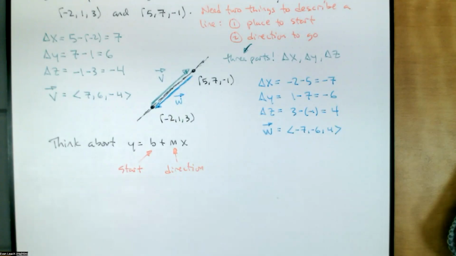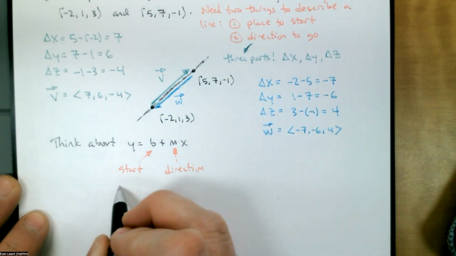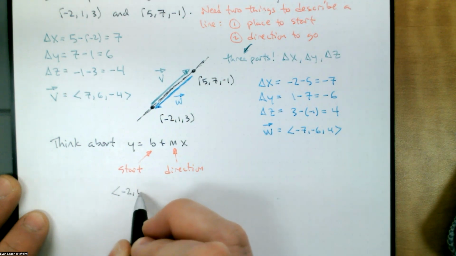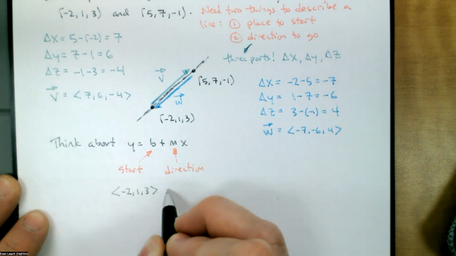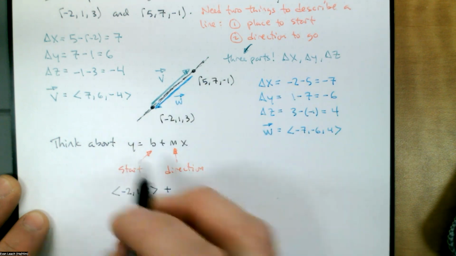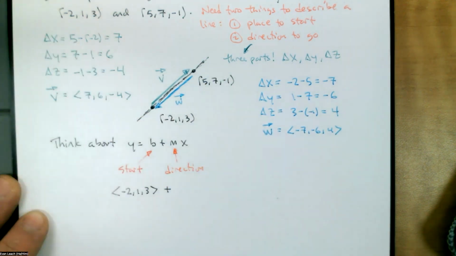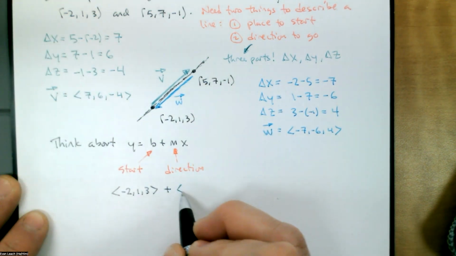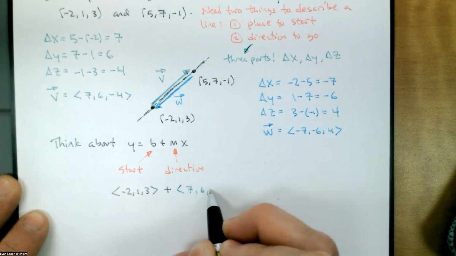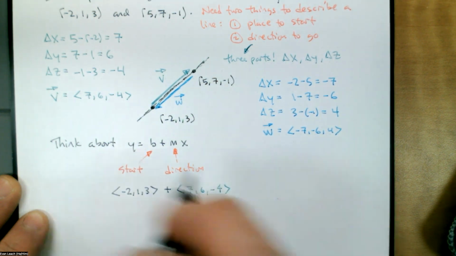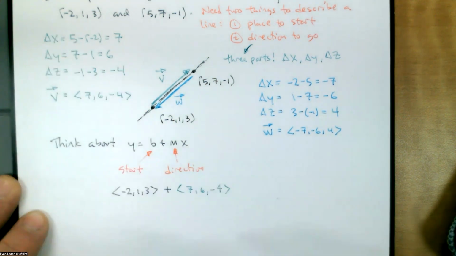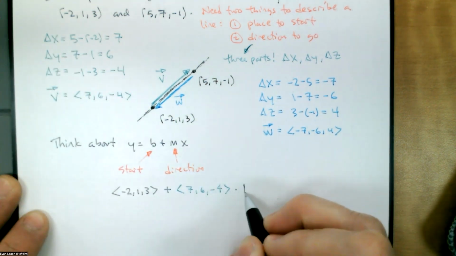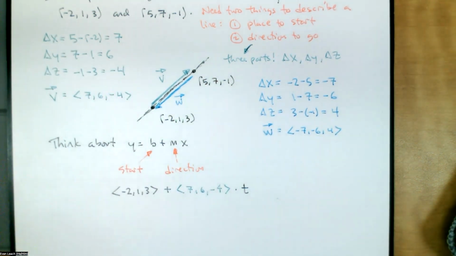Our equation, we're going to write down our starting point. I'm going to start at the vector -2, 1, 3. And I'm going to add the direction vector, and we're going to do this a bunch of times. I'm just going to multiply that by our parameter t.